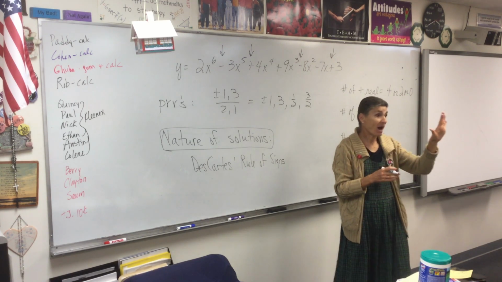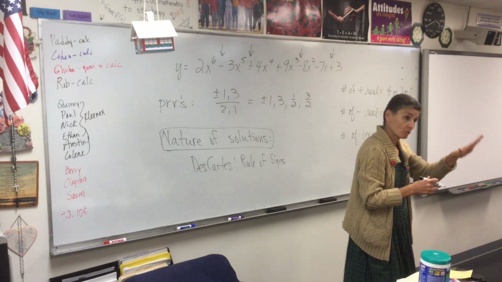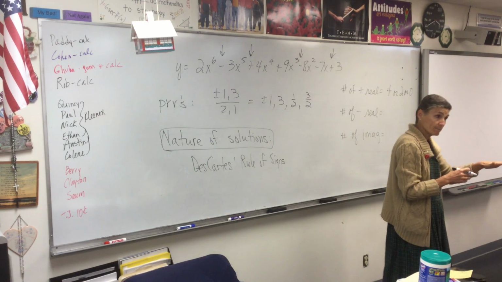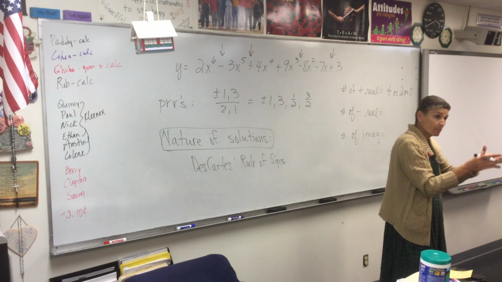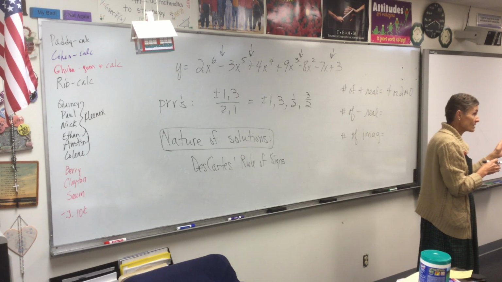So if there had been 5 sign changes, I would say 5, or 3, or 1. You reduce it by 2 till you can't do it anymore. Descartes was a really smart guy to figure this out.